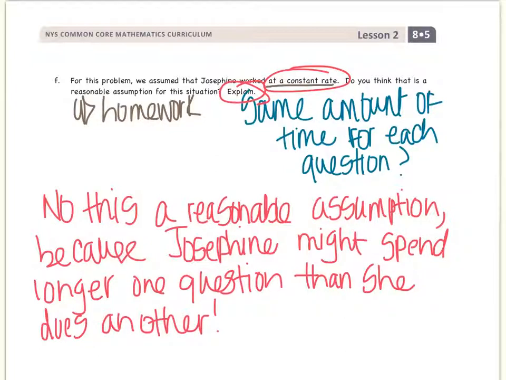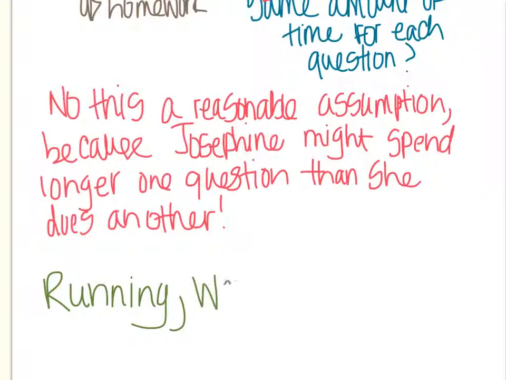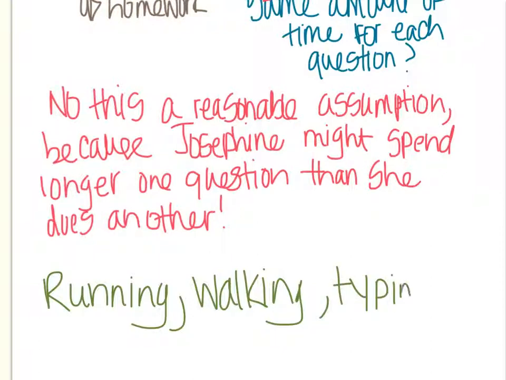So that's part of being a human. You don't do things at the same rate. Just like, for example, me running, I'm not running at a constant rate normally, just like people walking, unless you're on a treadmill, just like people typing, right? All these things that we do every day, we don't do at a constant rate. Just like me teaching from one class to the next, I don't finish in the same amount of time.